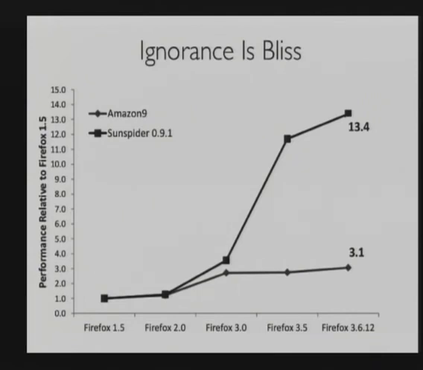Now, this is wonderful. This is great progress. Unfortunately, if you look at the other line, the one labeled Amazon 9, it shows the behavior of Firefox on one of the Amazon websites, and essentially after version 3 of Firefox there is no more performance improvement. How do we explain that?